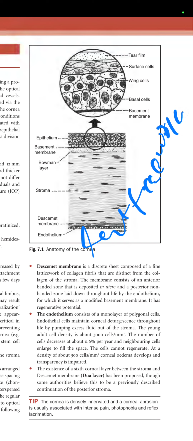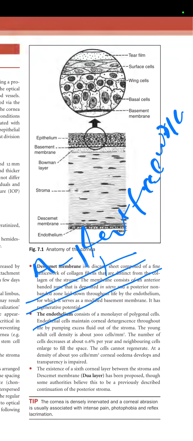The membrane consists of an anterior banded zone, which is deposited in utero, and a posterior non-banded zone that is laid down throughout life by the endothelium. So the Descemet membrane has an anterior and a posterior layer.